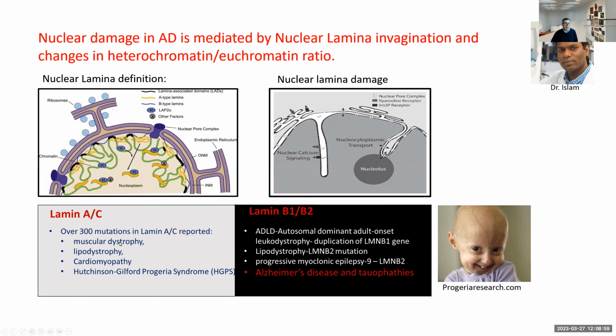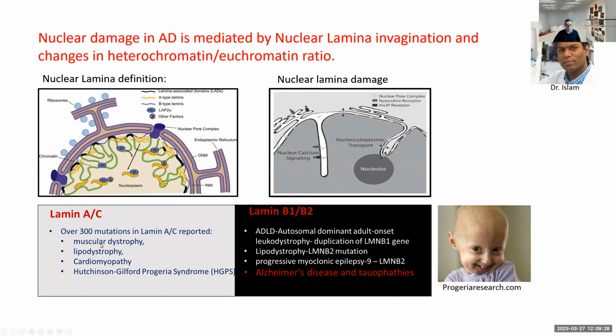We have muscular dystrophy, lipodystrophy, cardiomyopathy, and Hutchinson-Gilford progeria. These are flagship diseases that are caused by mutation in lamin A/C. In the brain, we don't have a lot of lamin A. It's mostly lamin C. Lamin A is downregulated in the brain through a microRNA regulated system.